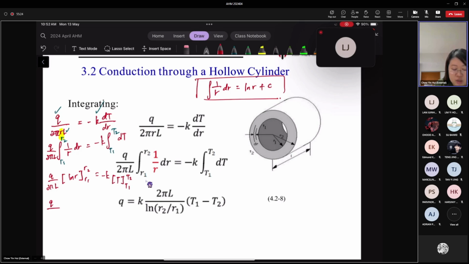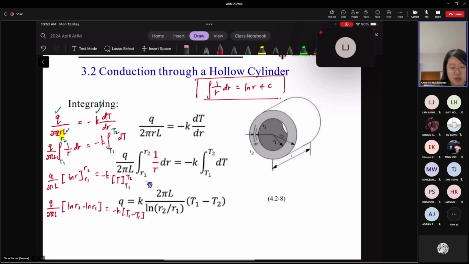If you expand it step by step, in case some students are still confused, it will be ln R2 minus ln R1 equals negative K times, here you have, T2 minus T1.